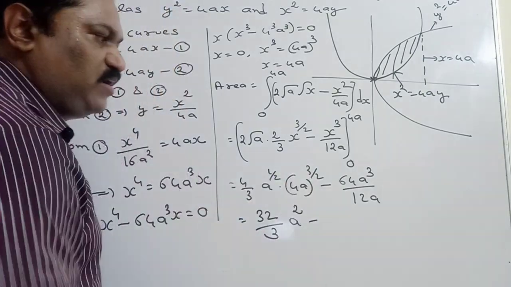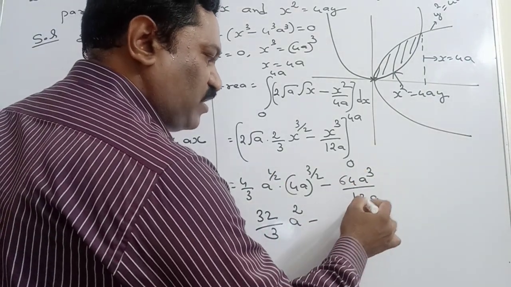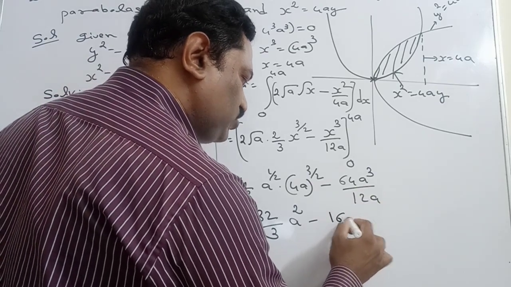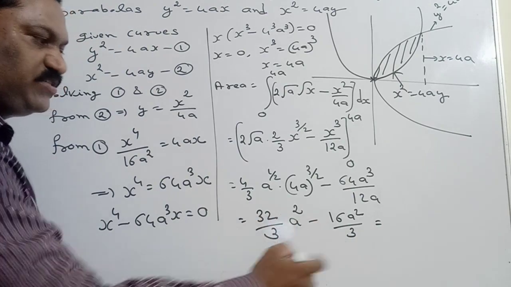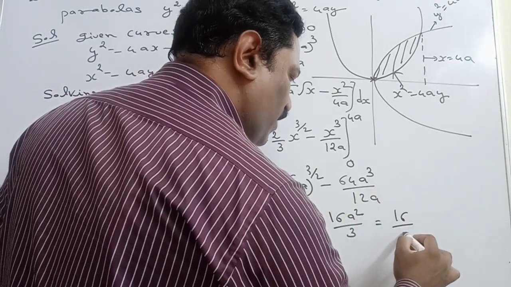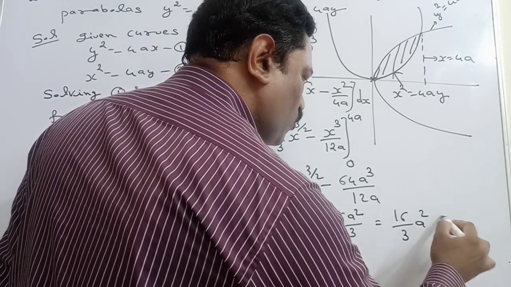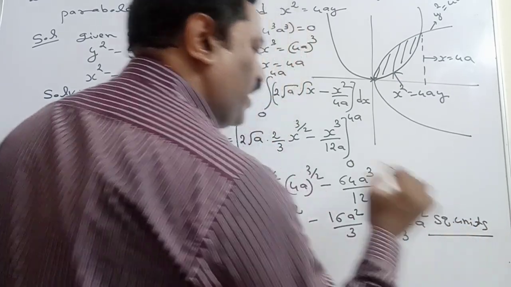Minus, here a cancels, and 4 16s are 64 and 4 3s are 12, gets cancelled. That's why it is 16 a square by 3. Where the LCM is 3, so 32 a square minus 16 a square, that is 16 by 3 a square, square units. So this is the area bounded between the two parabolas.